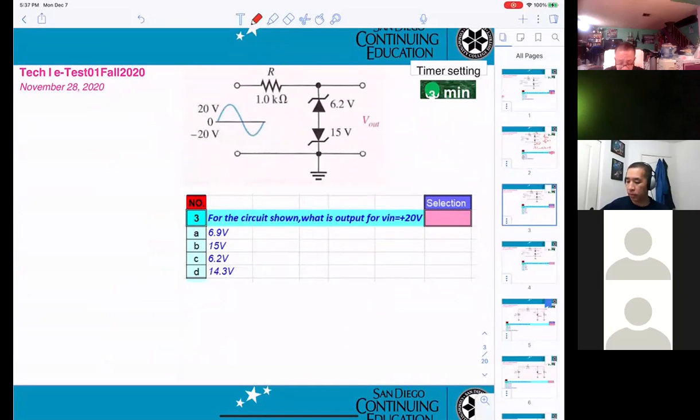Same thing, right? What is the answer for that? I got 6.9. A. Yes, A, agree. The right answer will be A. Same way, same thing.